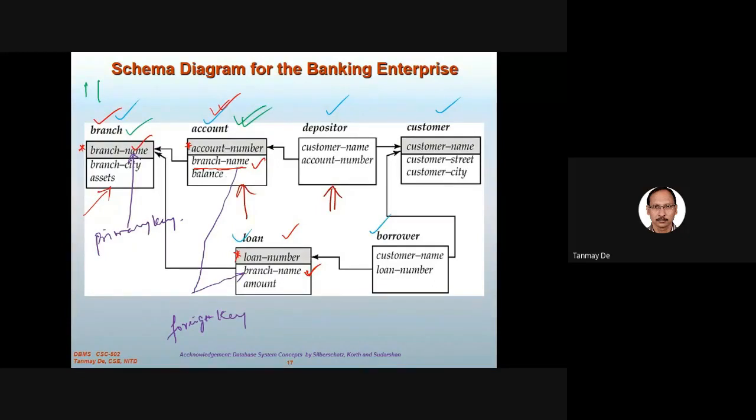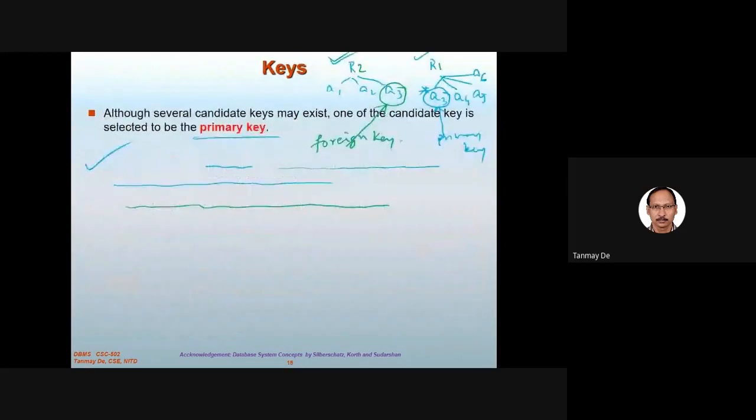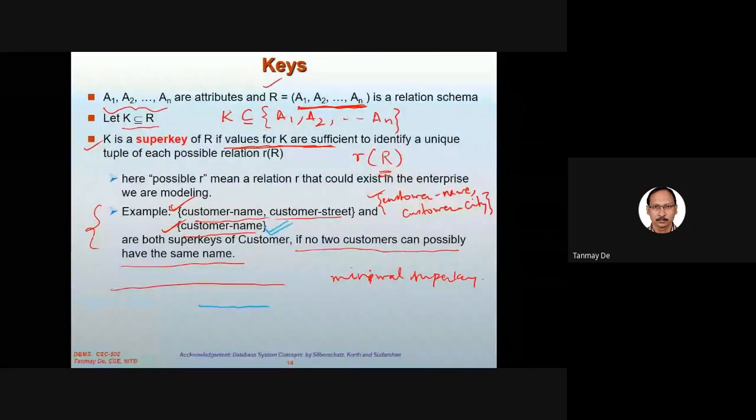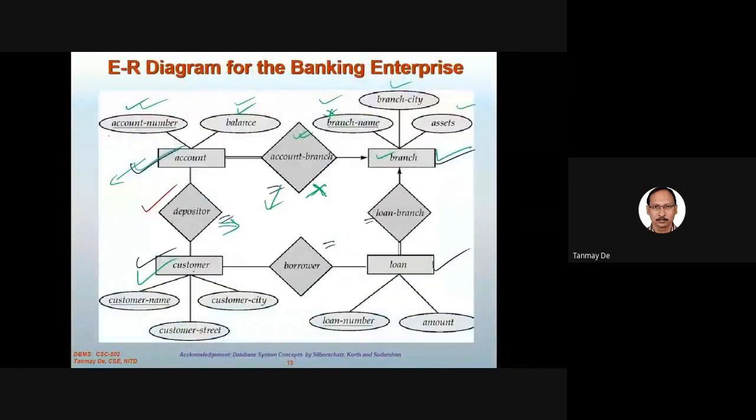Customer name is the primary key of the customer entity set, and account number is the primary key of which entity set? The account entity set. So for the depositor relationship, the borrower relationship, there is one relation each. For account, one relation. Customer, one relation. This one is the other relation. This one is the other relation.